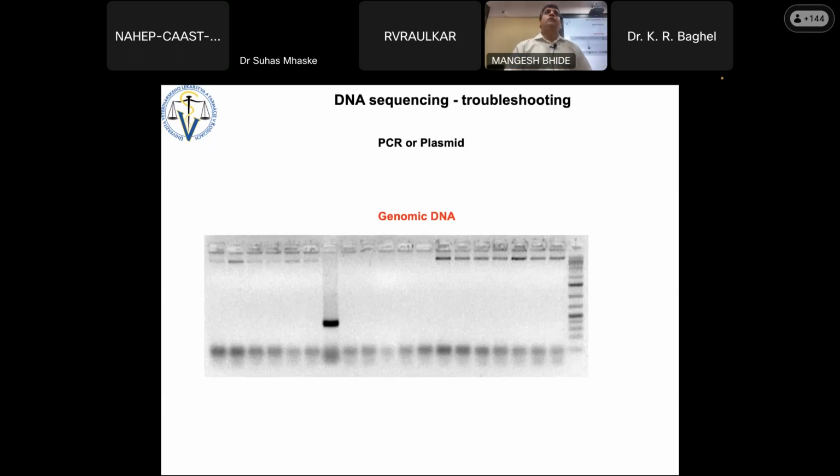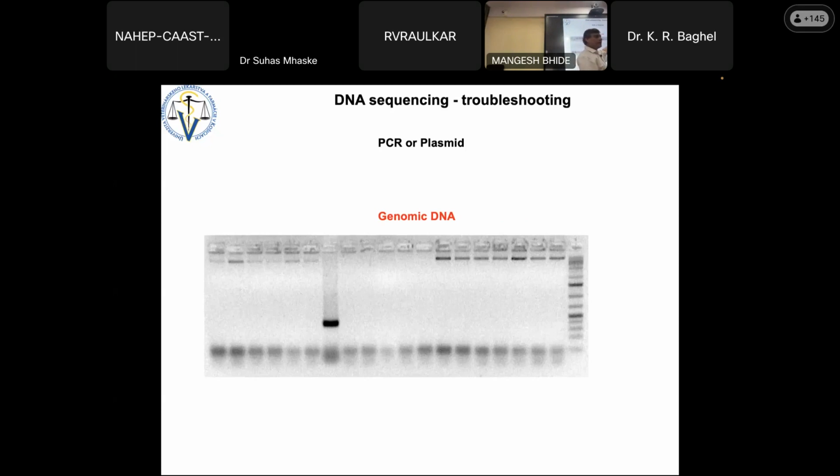Okay, now this is the answer to your question, Vilas. This is a typical example of dimers, PCR product, and genomic DNA. You have less genomic DNA and some medium concentration of genomic DNA. As you see here, you put a lot of genomic DNA and it still remains here.